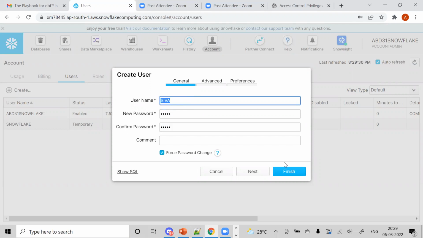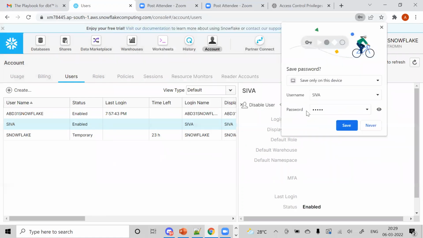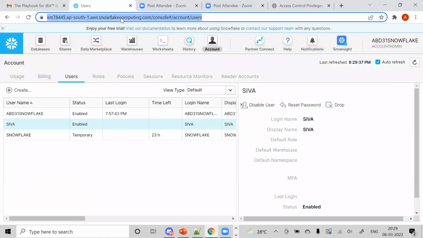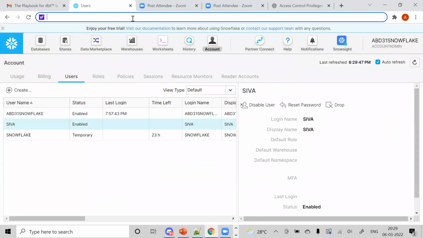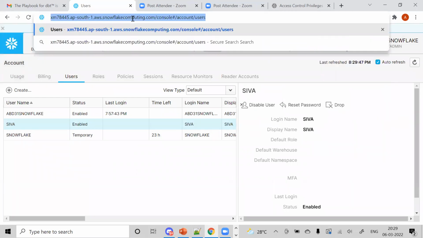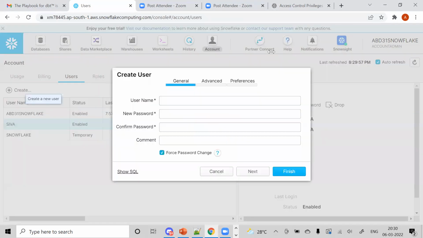So Shiva, this is your user, and the password is 12345. And let me give you the URL as well. This I created today only. So Shiva's user is this, password is this. And for Venkat, I'm also creating one more, same password 12345.